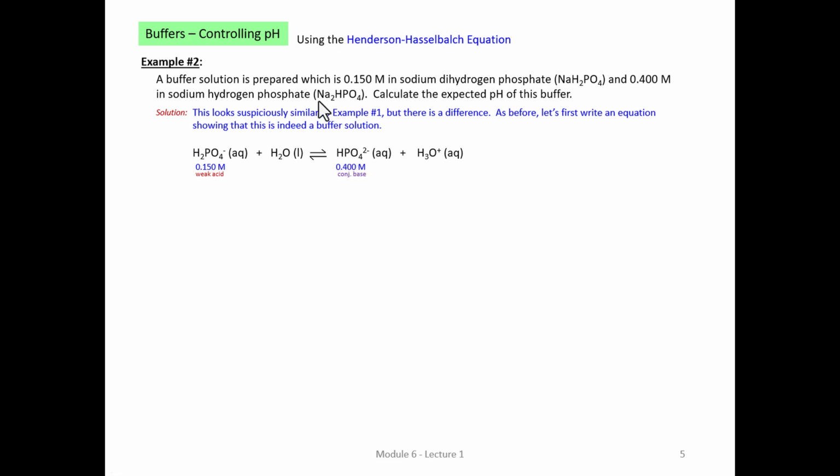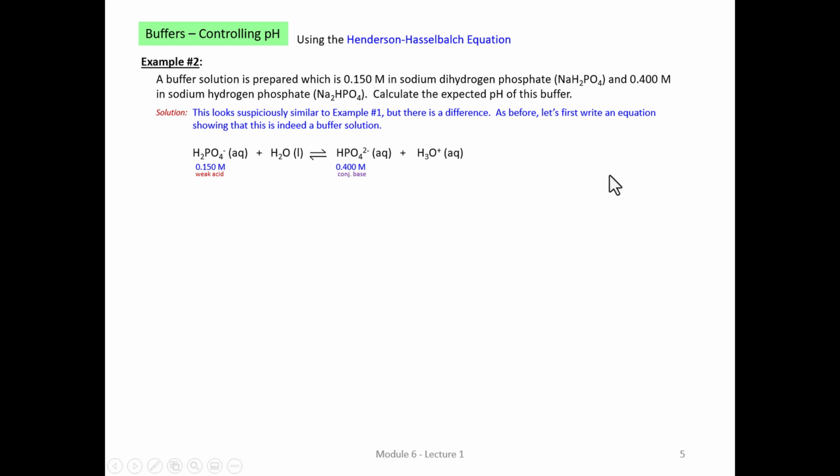And again, the sodium ions released here when this dissolves are not a factor here. They're neutral spectators. So our equilibrium here makes sense. We have the acid form plus water giving the base form plus hydronium ion. Again, we have an acid form and a base form.